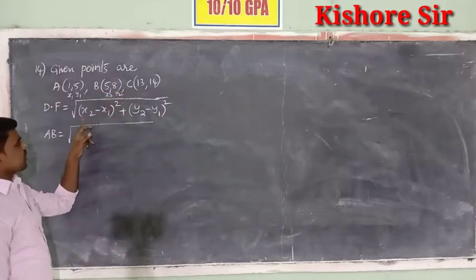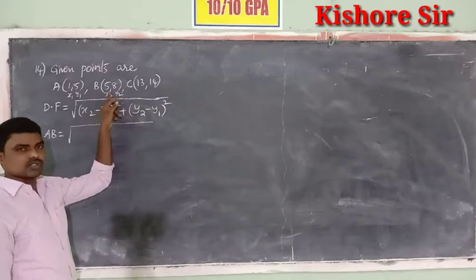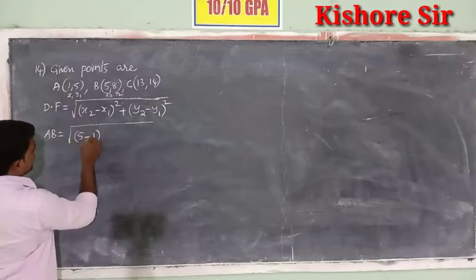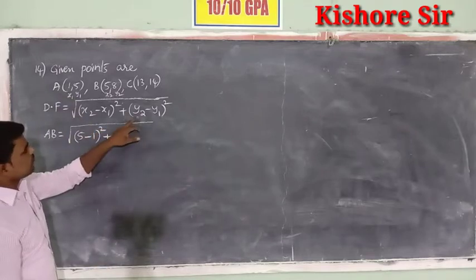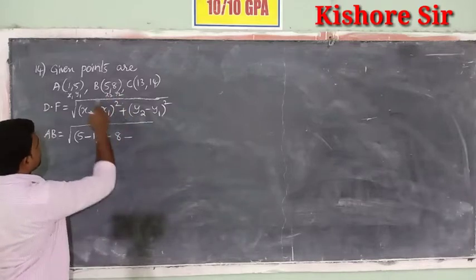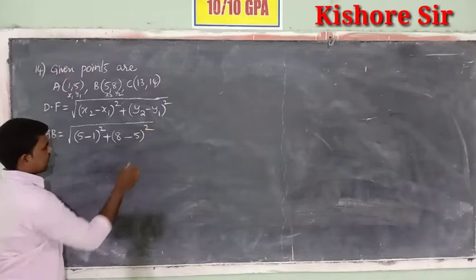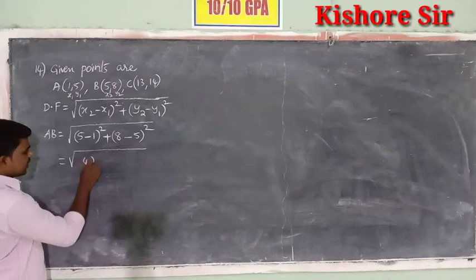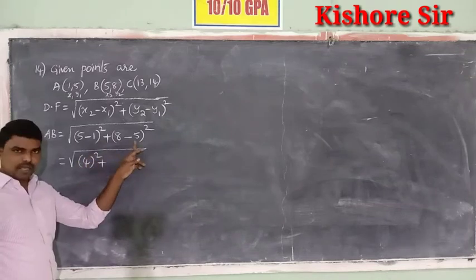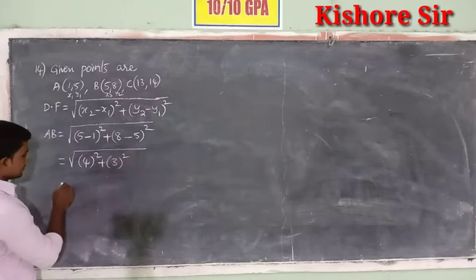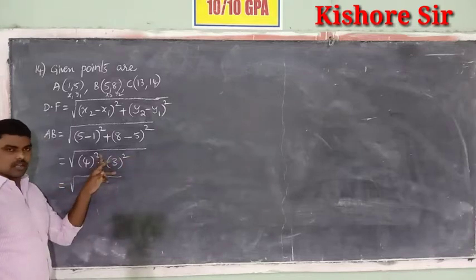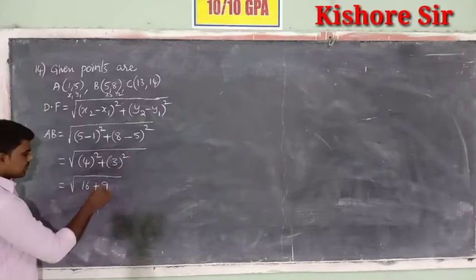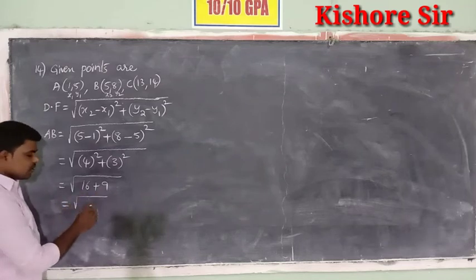So square root of (5 minus 1) square plus (8 minus 5) square, which is square root of 4 square plus 3 square, that is 16 plus 9 equals 25.